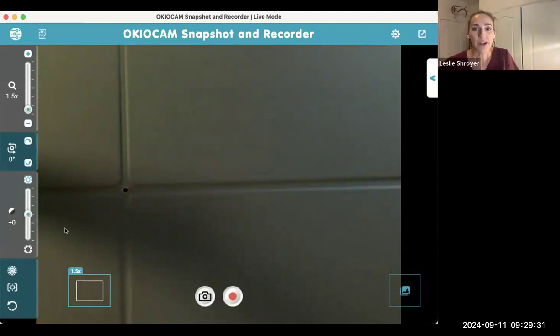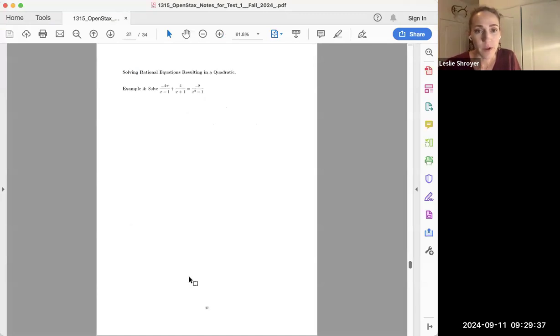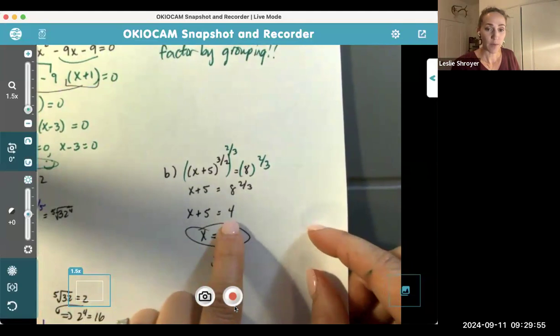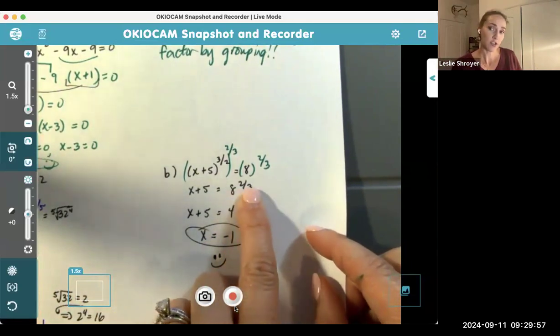Okay, so next we've got solving rational equations resulting in quadratics. Oh, can I explain where the 4 came from again? Yes. So this 4 came from just simplifying 8 to the 2/3.